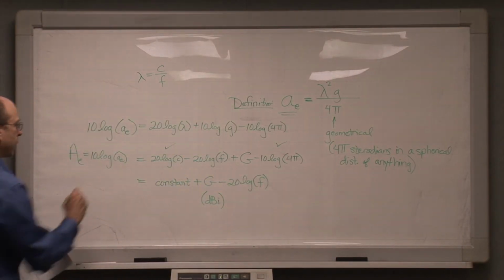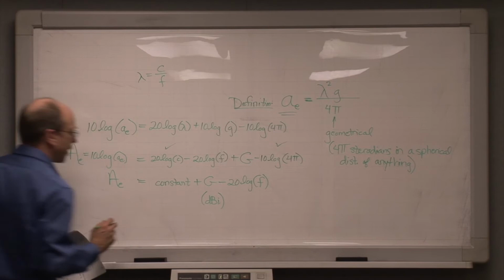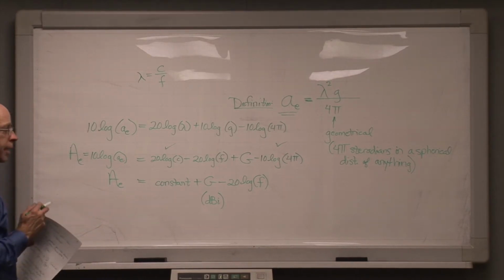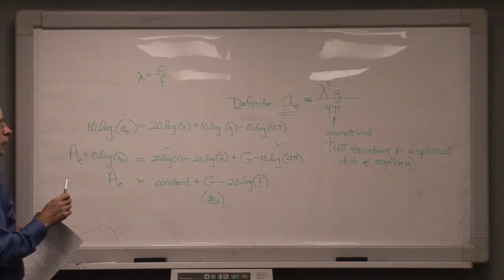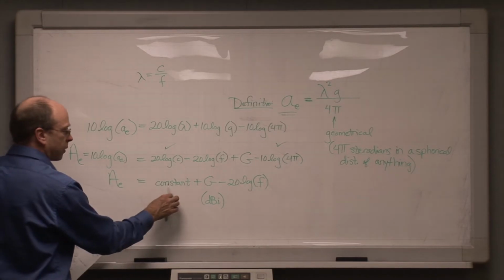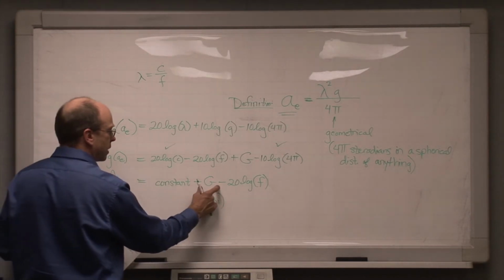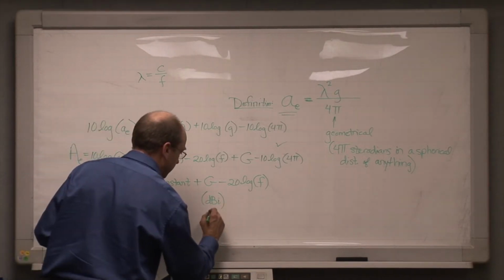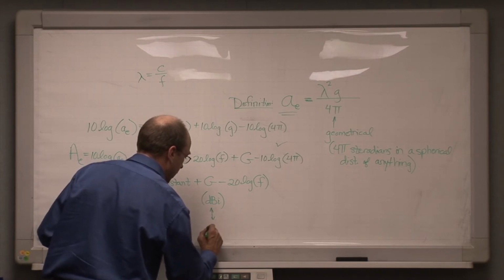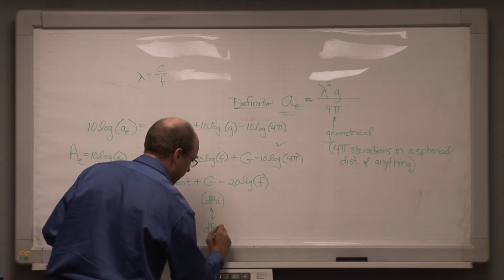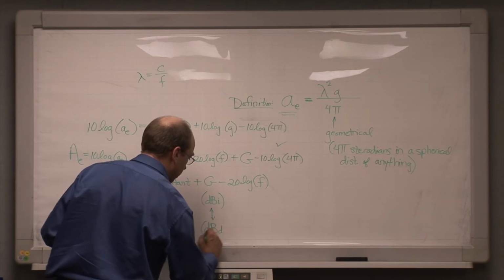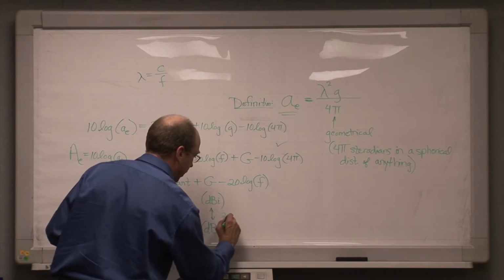So the functional dependence for the effective aperture of an isotropic antenna, which we're never going to actually build, is going to be some kind of a constant plus its gain in dBi. And by the way, we can relate this to the gain of a physical antenna, a dipole, which we would write as decibels relative to a dipole, by a factor of 2.1 dB.